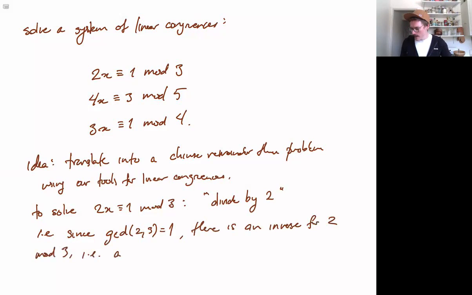i.e., an integer A such that A times 2 is congruent to 1 mod 3.